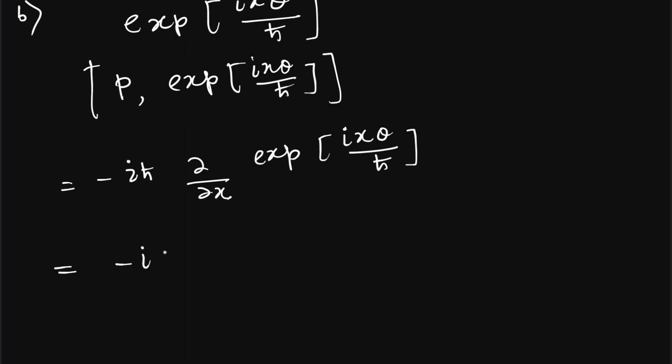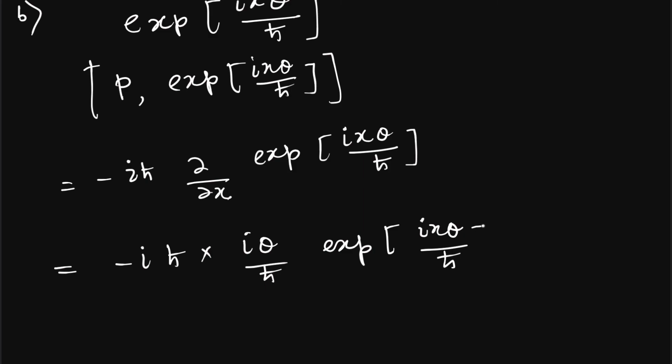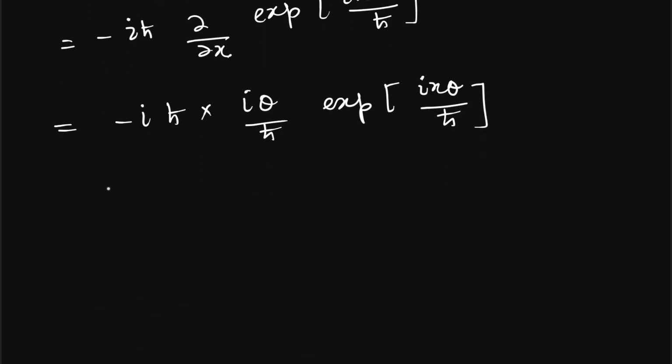That means iħ times iθ/ħ times exp(i x θ/ħ). It will be plus θ exp(i x θ/ħ).